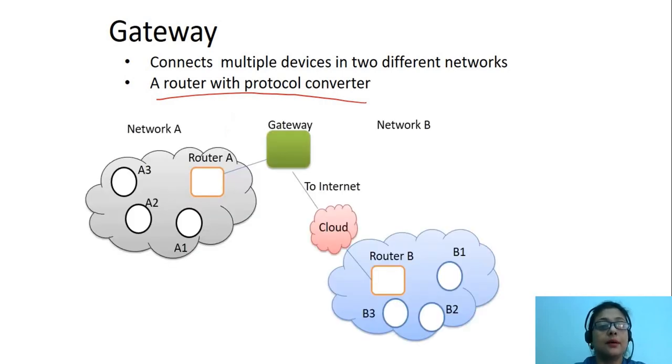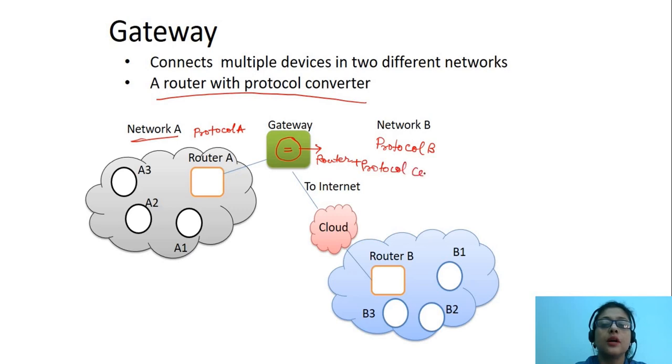Let's look at this example. Suppose we have network A which uses protocol A, and we have network B which uses protocol B. The gateway will reside at this point, where it can be connected to router A. So this gateway is router plus protocol converter.